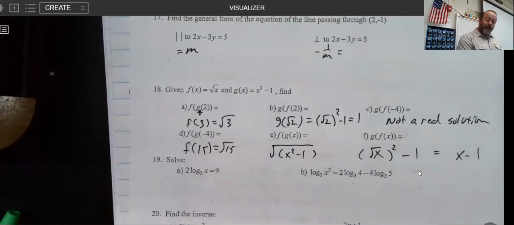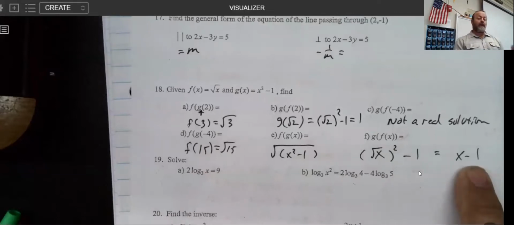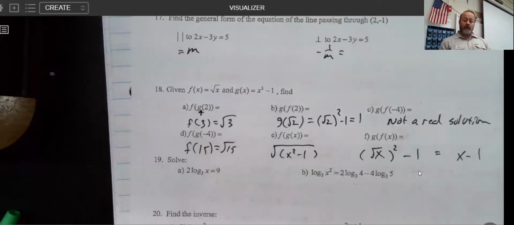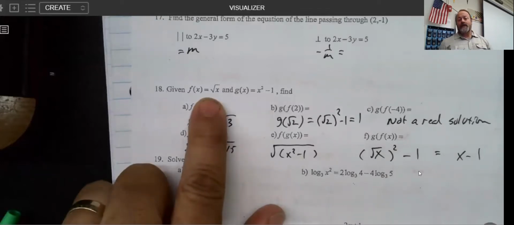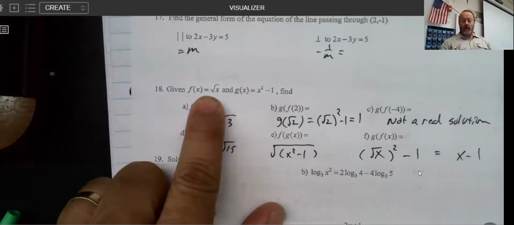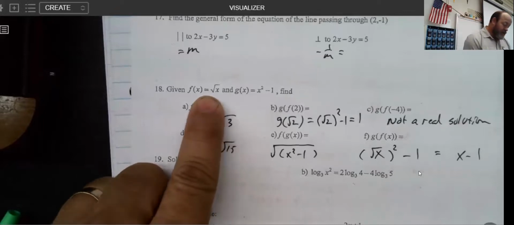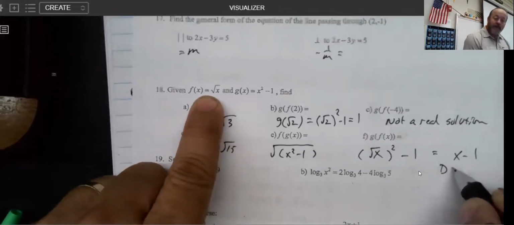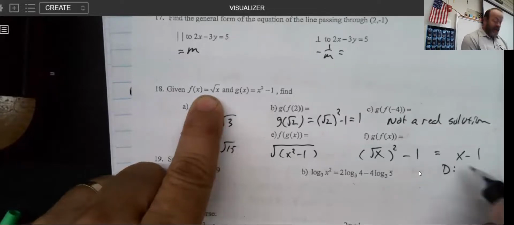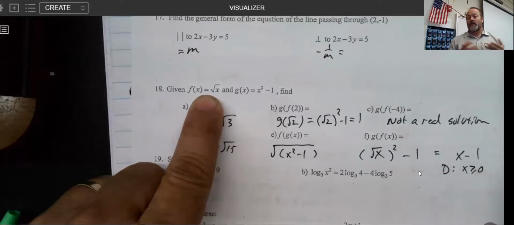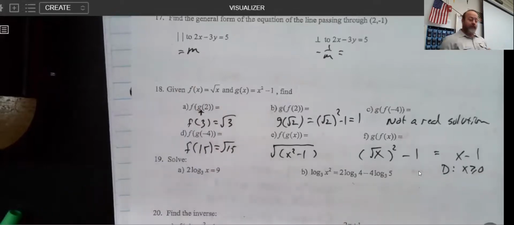You consider your final answer, whose domain would be all reals, but you also consider the interior function, where x has to be greater than or equal to 0. So this is true, but I need to make a little note that the domain of my answer here is x values that are at least 0. This is a valid answer, but only in the case where those values are 0 or up.